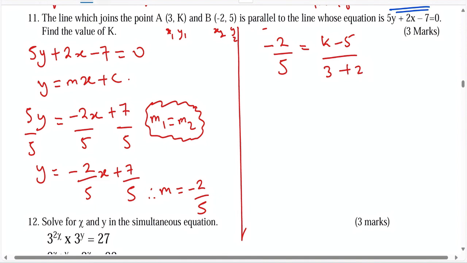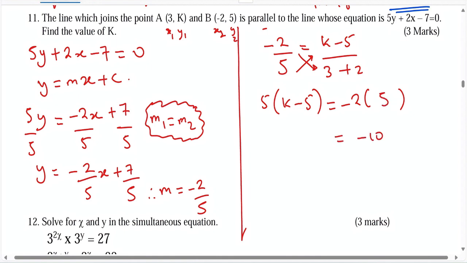And then tuko pamoja, then cross multiply. So 5 multiply kwa hapa na hii negative 2 multiply kwa chini. So 5 times k minus 5 equal to minus 2 times 3 plus 2. Na 3 plus 2 obviously ni 5 tu. So negative 2 times 5 negative 10, na 5 times k 5k, na 5 times negative 5 negative 15.